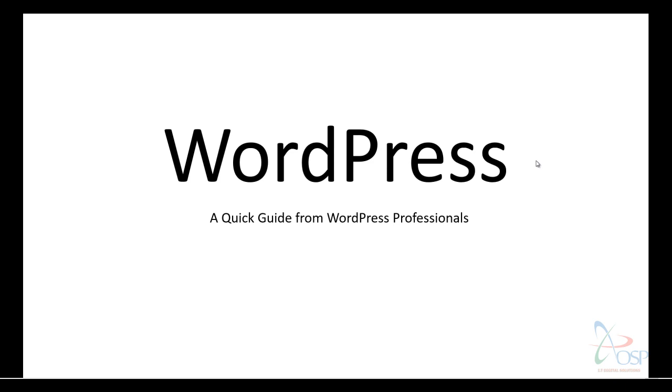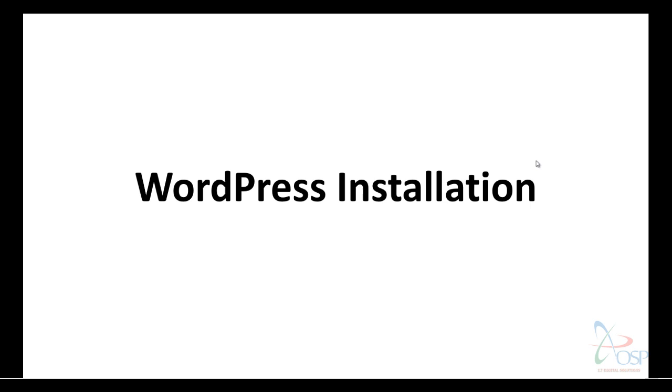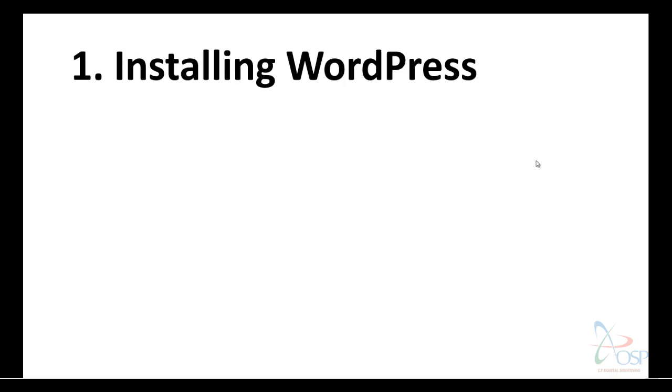So let's talk about WordPress, but before we get started, let's first talk about the installation. Let's see how we can install WordPress on our machine so we can start using it as we go on with this video. Installing WordPress happens in some steps, and we're going to talk through them. First, we need a local server.